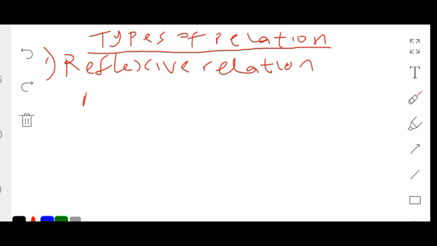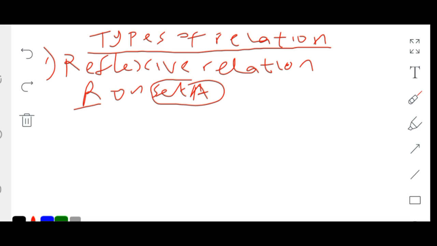What are we saying? A relation R on set A is said to be reflexive if every element of A is related to itself. We are using R as a relation now. So R is reflexive if every element in set A is related to itself.